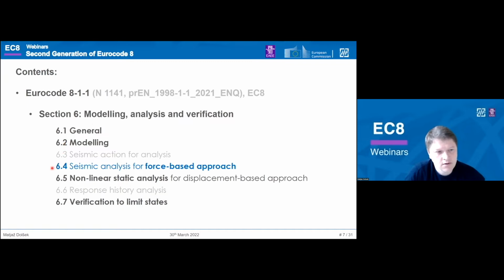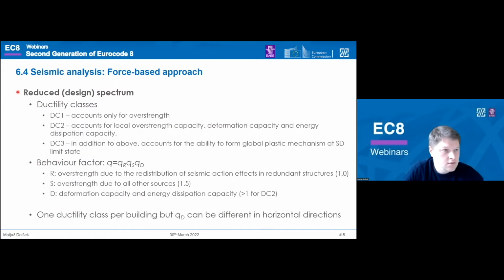And now I'll go to 6.4, which is about the seismic analysis for the force-based approach. As already said by Professor Labbé, the seismic action is based on the reduced spectrum, which is currently in terms of the design spectrum.